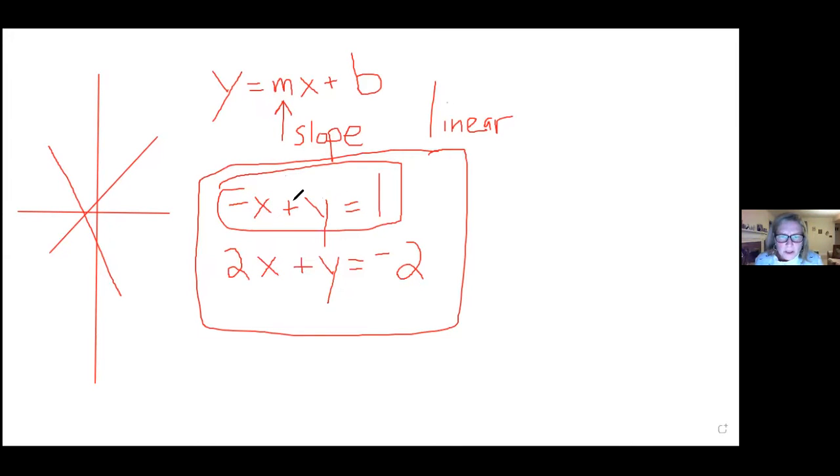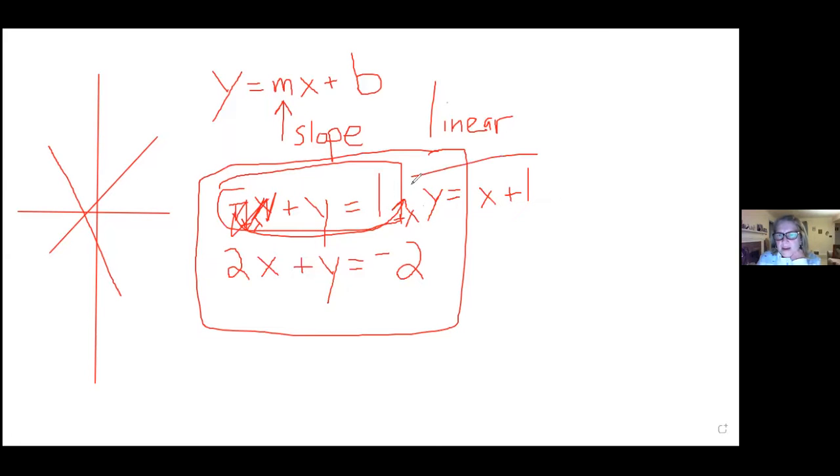I'm going to take the y, and I'm going to say that y equals x plus 1. All I did was move this over here. I went plus x here, and I'm going plus x here. So this and this cancel out. So now you just have that y equals x plus 1.